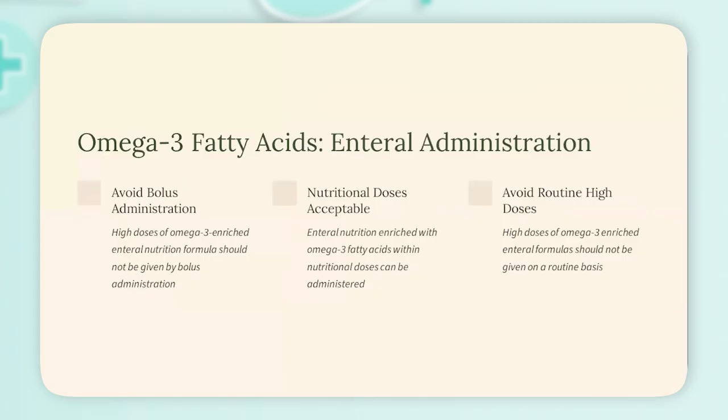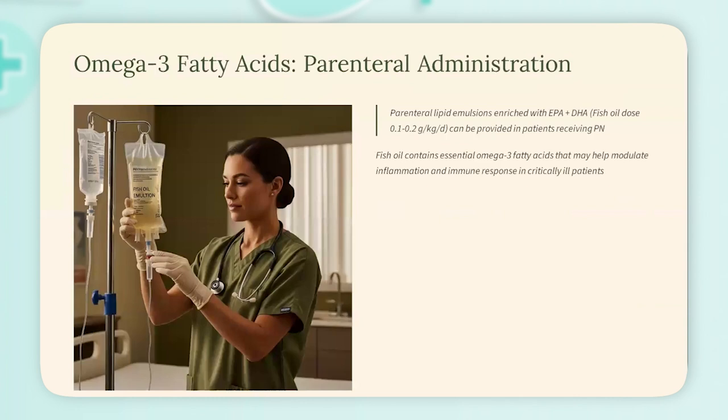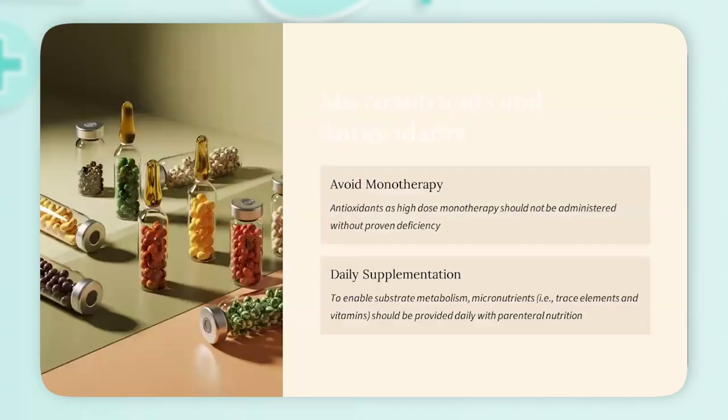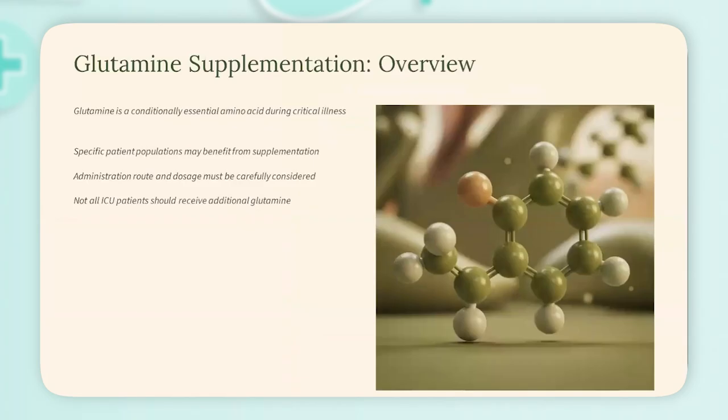Omega-3 fatty acids in parenteral lipid emulsions with fish oil, at a dose of 0.1 to 0.2 gram per kg per day, can be used with parenteral nutrition in those who require omega-3 fatty acids. It should not be used as a monotherapy.